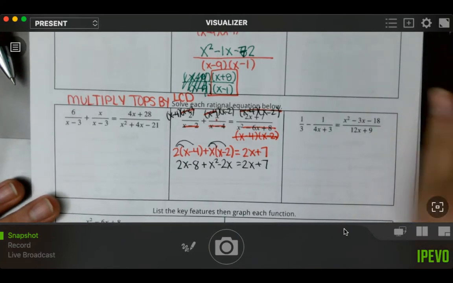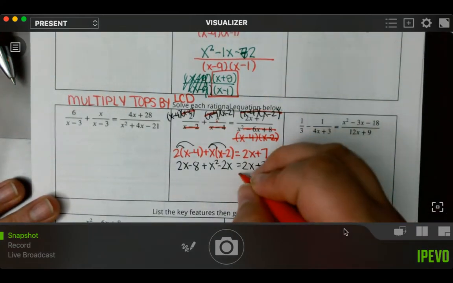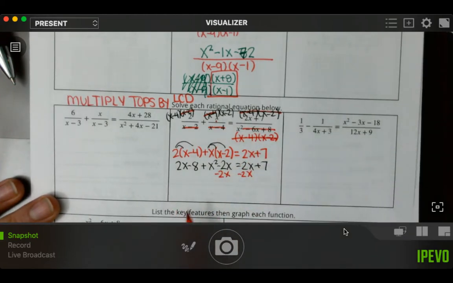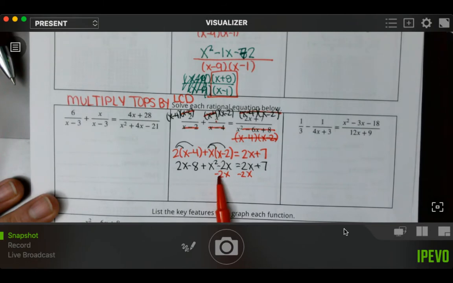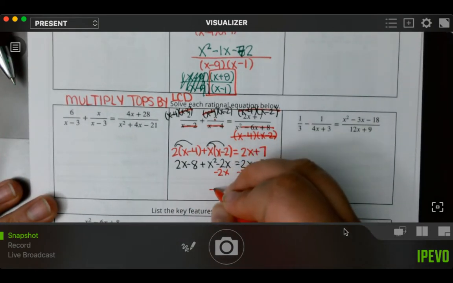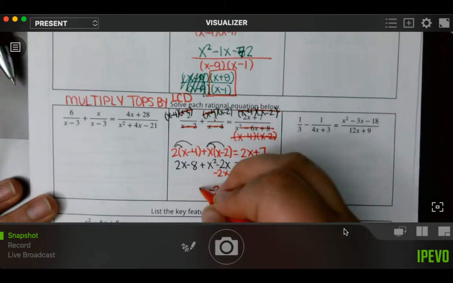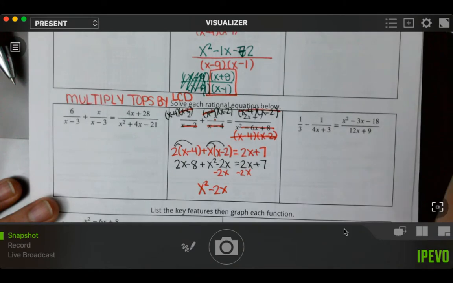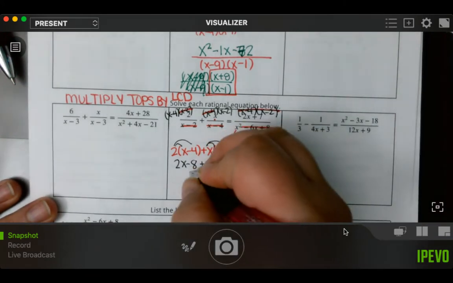And here's what I'm going to do. I need to minus the 2x over to this side. I've got 2x minus 2x minus 2x. 2 plus negative 2 plus negative 2 is negative 2x. The x squared stays. And I need to subtract the 7.